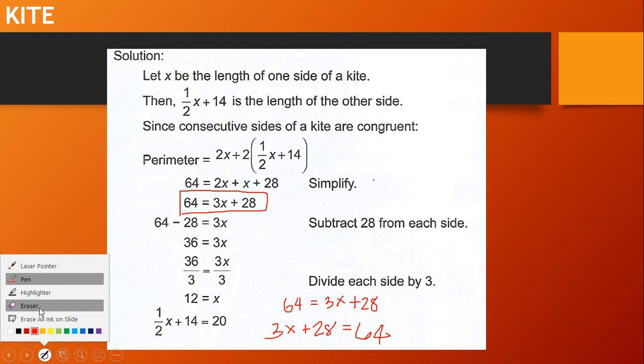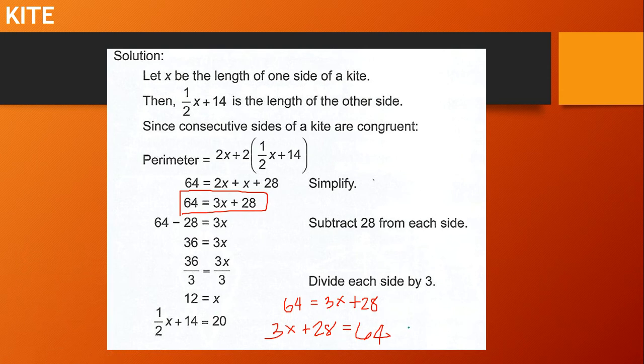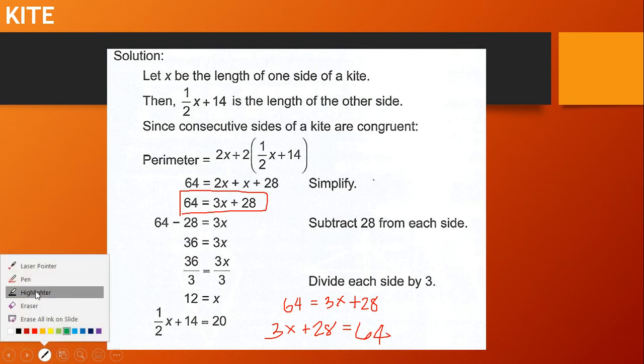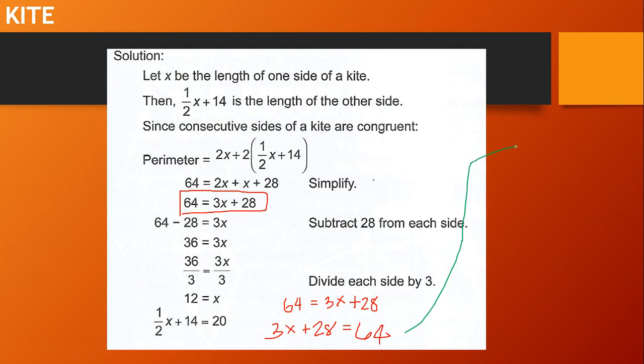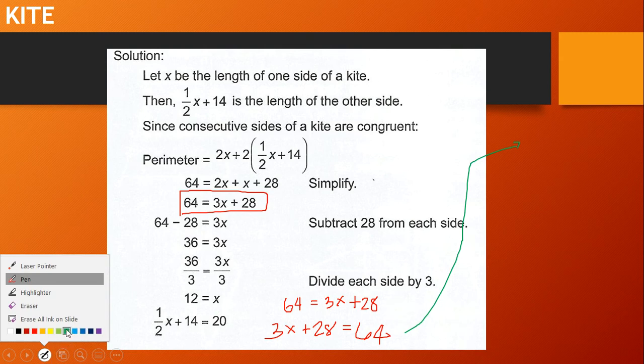Katong una, ang atong gigamit kay transposing. Okay? Then maybe I have to change other pen kanang klaro siya.